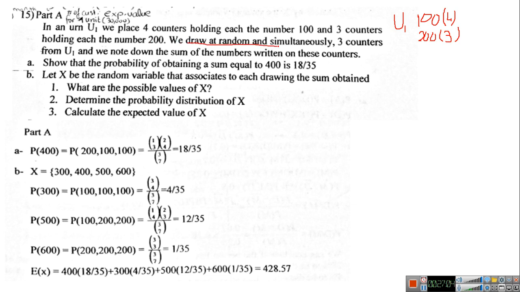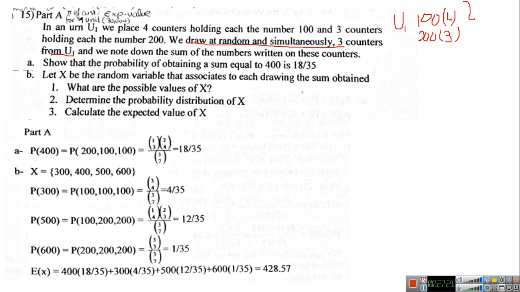We draw at random 3 counters from urn 1, and we note down the sum of the numbers written. So you want to draw 3. Show that the probability of obtaining a sum of 400. You want to get 400.